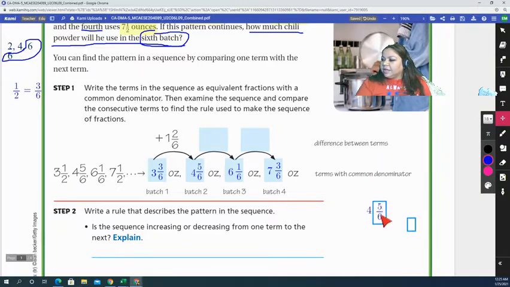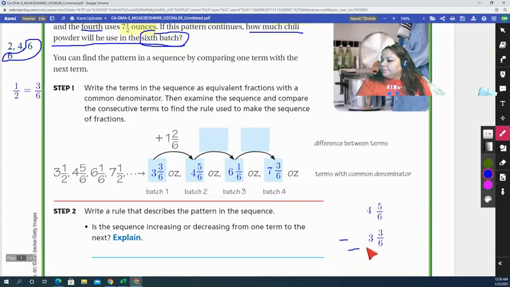Okay, again, where did I get this from? This is my second term, and it's bigger, so that's why I'm subtracting from that. And then I'm subtracting 3 and 3/6, which is the first term in my sequence, to find out the difference between the terms.